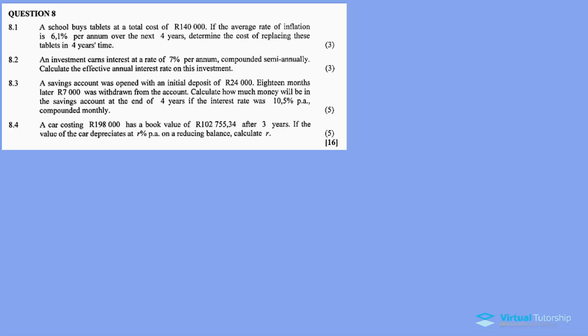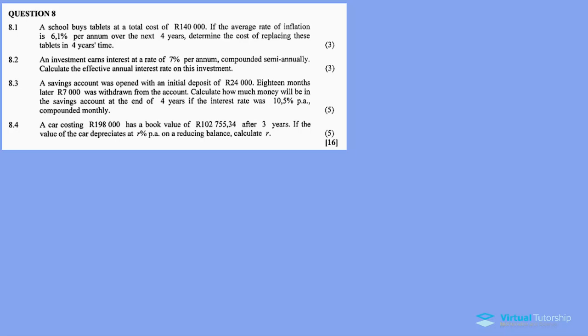So inflation basically is the idea that items like a device, your printer, your cell phone, over time they increase in value because of this thing called inflation. If you buy maize meal today for 89 rand, in 3 or 4 years' time you will maybe buy it for about 120 rand.